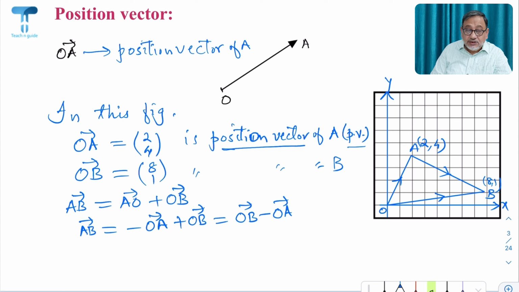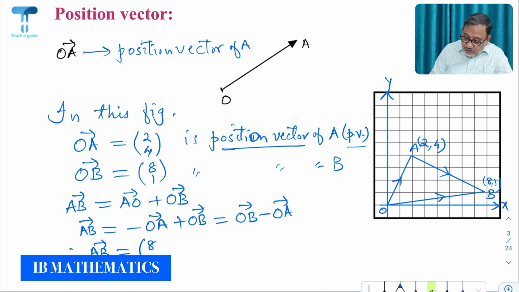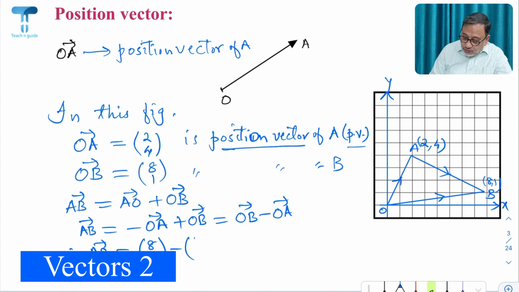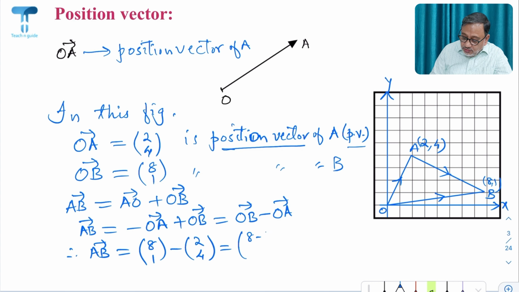Okay, it is represented in terms of position vector, and now we can write AB as OB means 8, 1, minus OA will be 2 and 4, and finally this will be 8 minus 2 and 1 minus 4, so which will be given by 6 and minus 3.